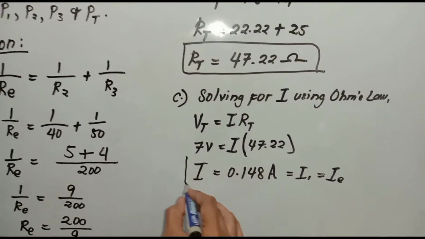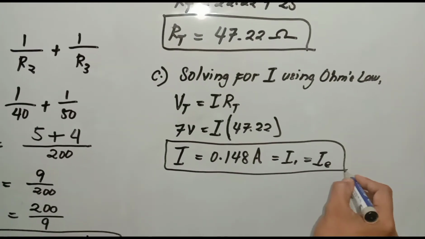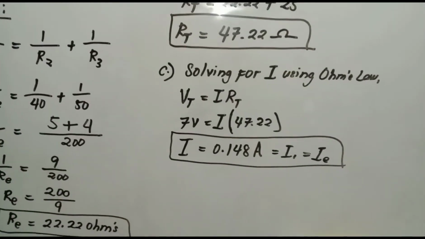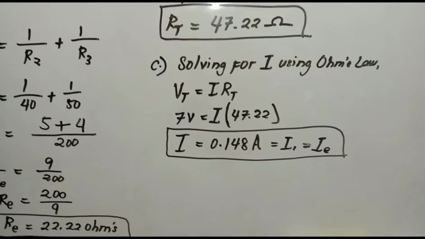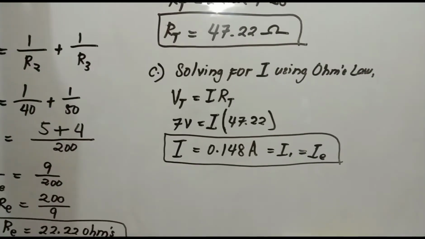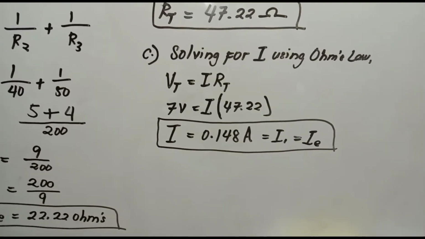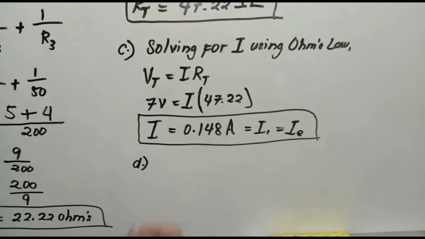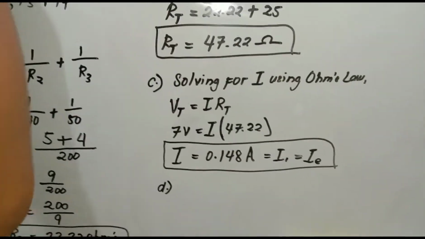So we have already calculated this one. Now the next requirement is solving for the voltage drop across resistor 1. So letter D: since we already have the current flowing, we can find the voltage drop across resistor R1.